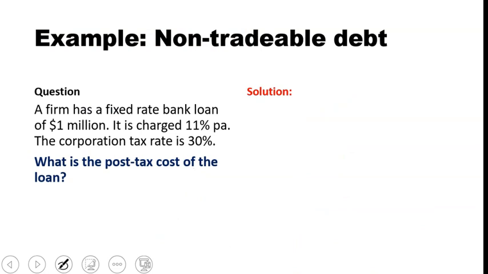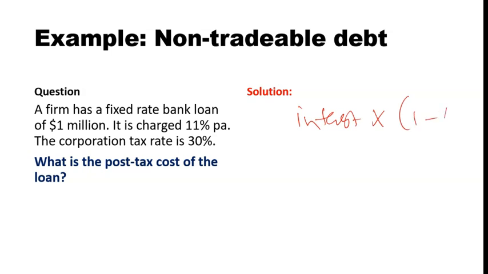Let us look at this particular example. A firm has a fixed rate bank loan of 1 million. It is charged 11%, and the corporation tax rate is 30%. What is the post-tax cost of the loan? This should be the interest multiplied by 1 minus T. So the interest in this case is 11%.